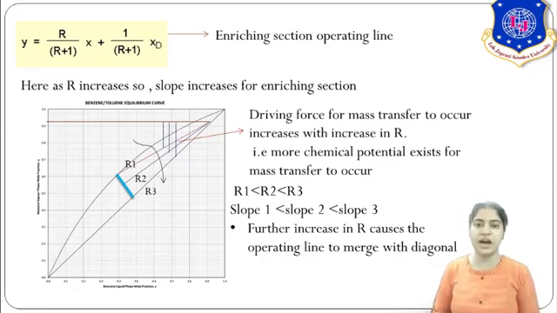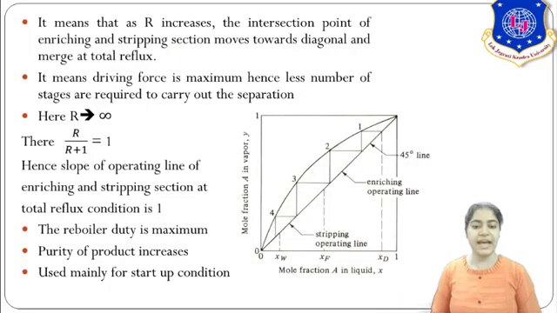Here you can see that for R3, your enriching section operating line has merged with the diagonal. It means that is the maximum limit of scope possible for the separation. Driving force is maximum here. As R increases, the intersection point of the enriching section and stripping section moves along the diagonal. It will merge at the total reflux condition.